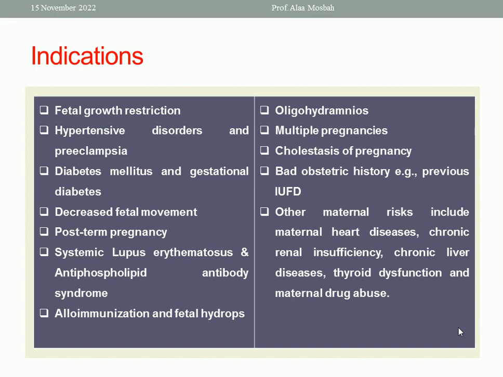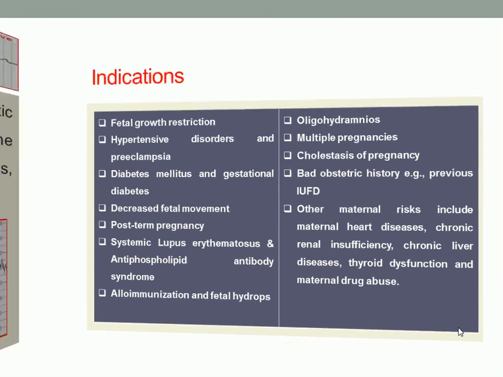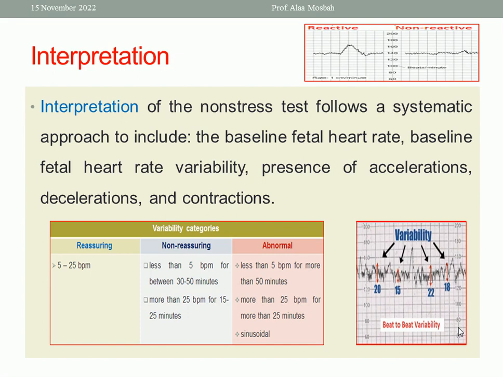Cases with oligohydramnios, cholestasis of pregnancy, multiple pregnancies, renal disease with pregnancy, chronic liver disease with pregnancy, thyroid dysfunction. So all these are indications for using a non-stress test.